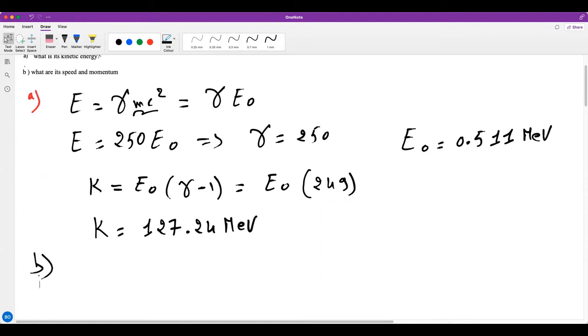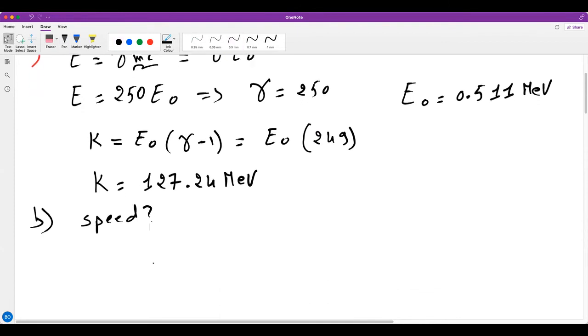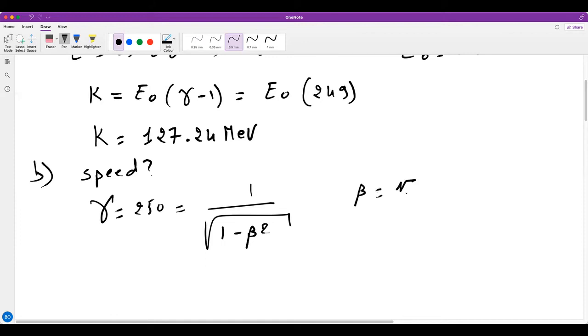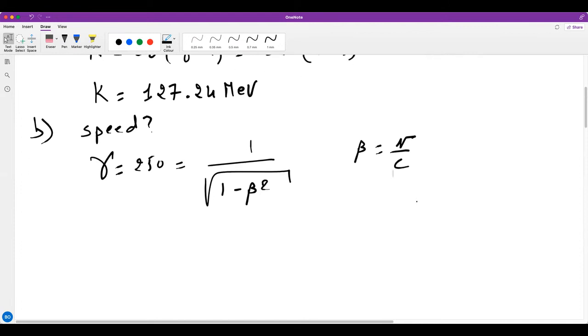The second question is asking about the speed first. We know that gamma is 250, which is also equal to 1 over the square root of 1 minus beta squared, where beta is the speed of the electron divided by the speed of light.